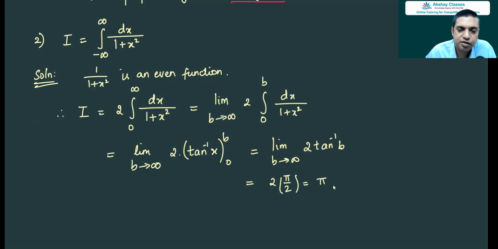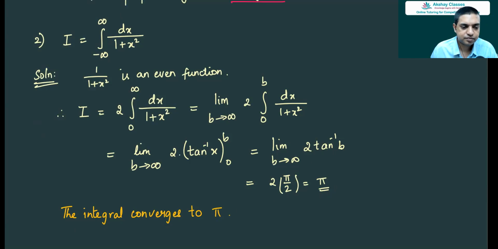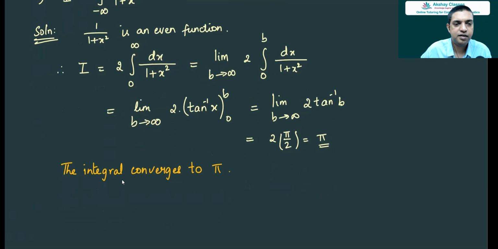So 2 times pi by 2, the answer is pi. So we say the integral converges to pi. The improper integral converges to pi.